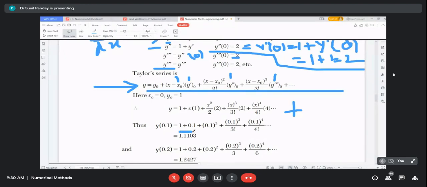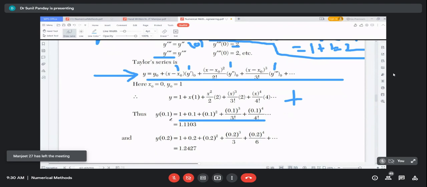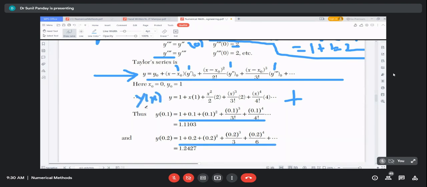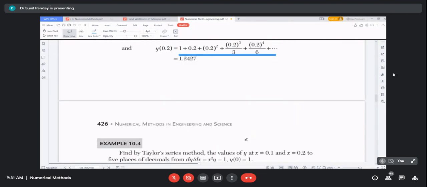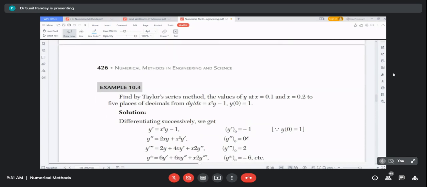If we are considering the terms up to here, then we have this as a value. Similarly, if we want to know the value of y at 0.2, then you have this one. You have substituted x equals 0.2. This is the solution y(x), and you substituted x equals 0.1 to calculate this thing, and then you substituted x equals 0.2 to calculate this thing. So this is the way our Taylor series method will work.